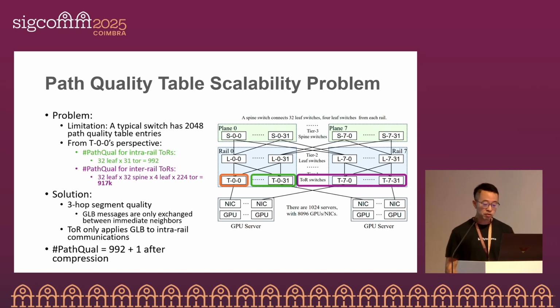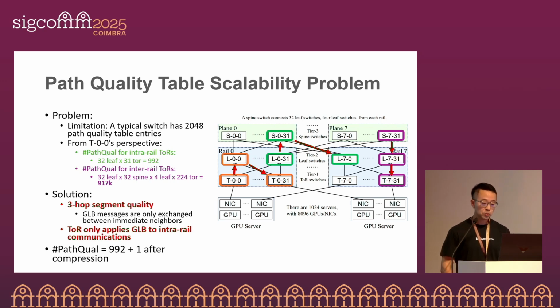But the number of path qualities for the inter-rail TORs is 32 leaf by 32 SPI by 4 leaf by 224 TOR switches. And the number will be 970K, which is almost 500 times larger than the size of the path quality table provided by the switch ASIC, which is 2K. So 970K is much larger than 2K in this case.